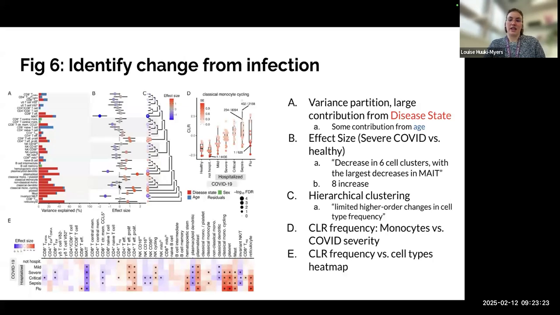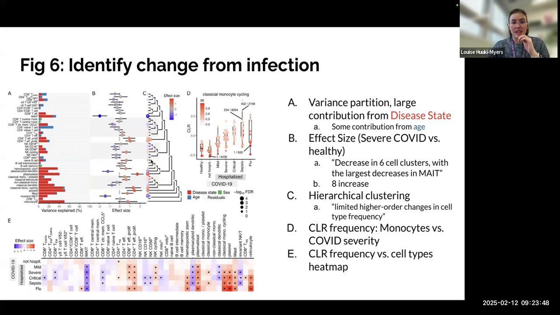Looking at the effect size of severe COVID versus healthy, we can see some big changes pop out at us. These MAIT cells, plasmacytoid dendritic cells, looks like invariant NKT cells all have negative effects. And likewise, we have a couple strong positive effect sizes.